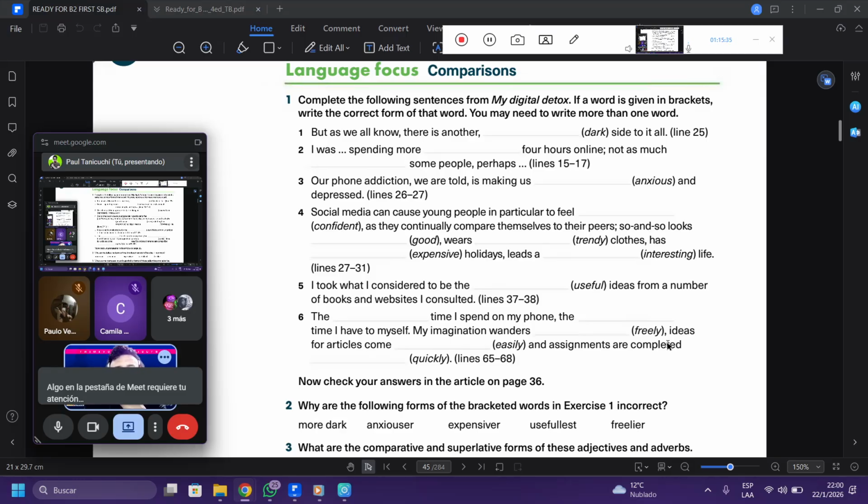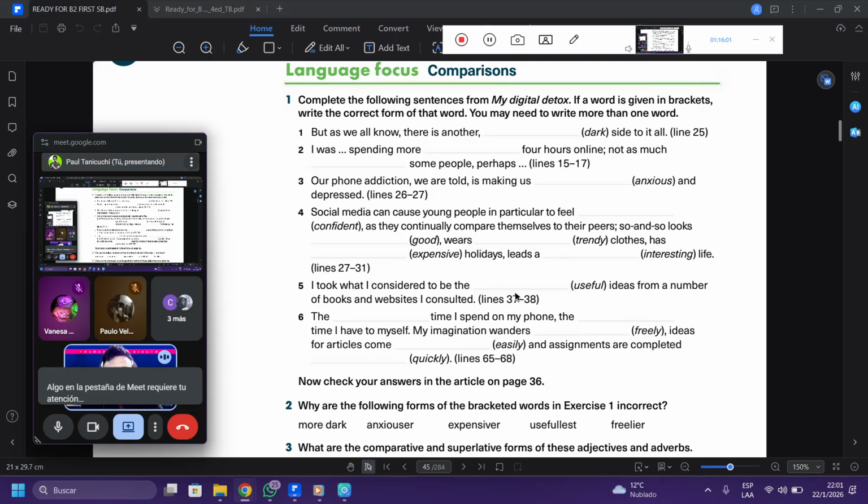In this case, freely is an adverb, so: more freely. Ideas for articles come more easily, and assignments are completed more quickly. With adverbs, we use more and the most. Don't forget.